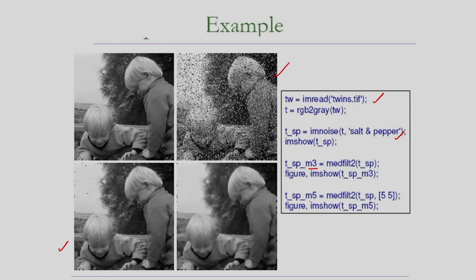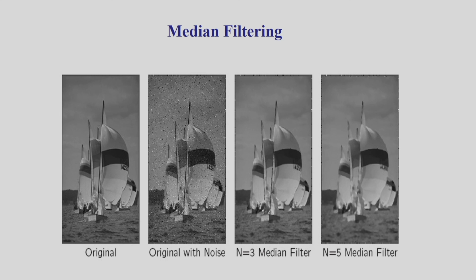The next one is the 5 by 5 median filter, and corresponding to this I have this output. So here also I have shown one example. I have the original image with noise, and I am considering the n equal to 3 median filter and the n equal to 5 median filter. So you can see the outputs.